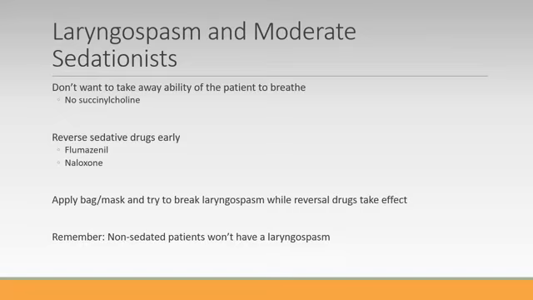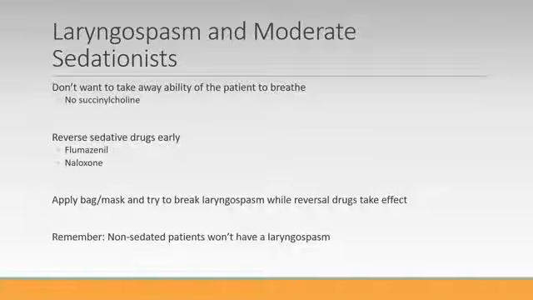But one of the other things that we want to do is recognize that we have an issue, and then we're going to reach for our reversal drugs. So things like flumazenil and naloxone, and we're going to administer the reversal drugs early so that they have an effect, and hopefully they'll start to take effect before the patient has any sort of appreciable hypoxia.